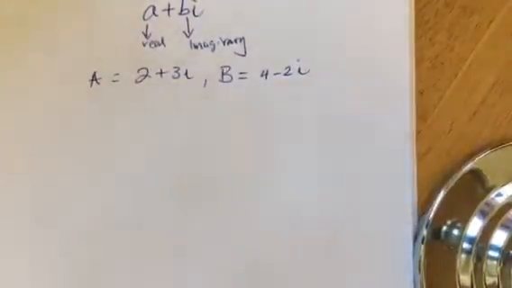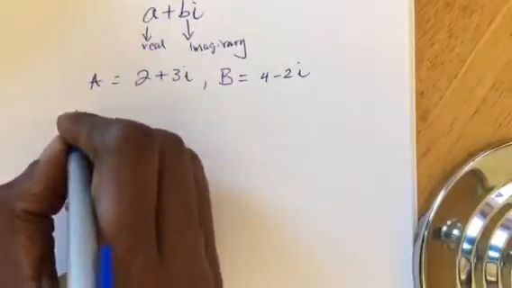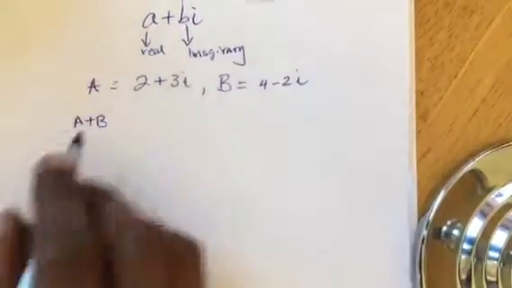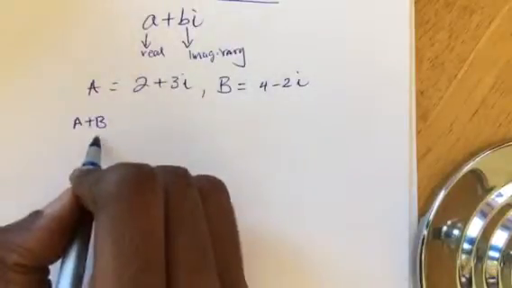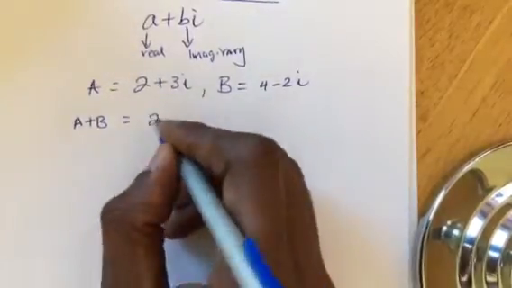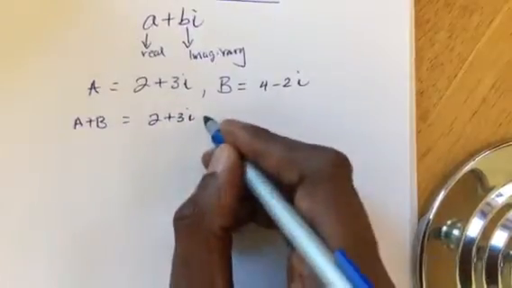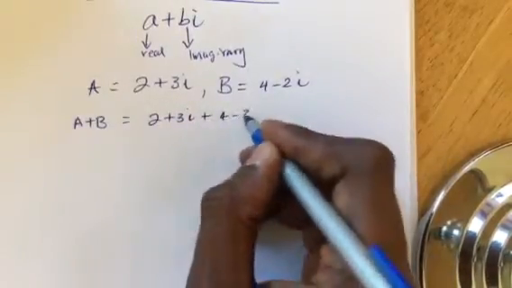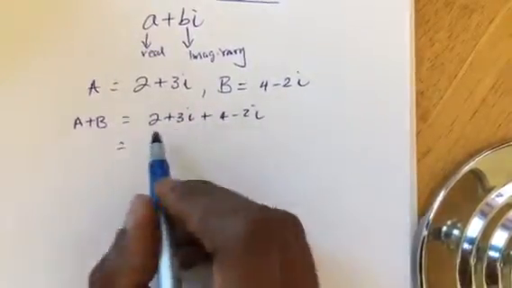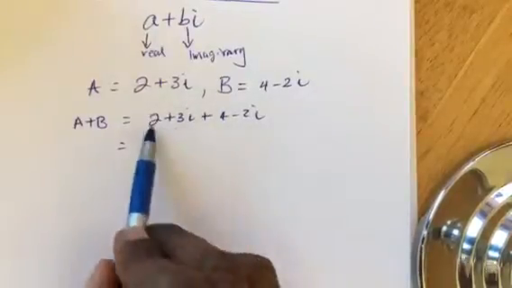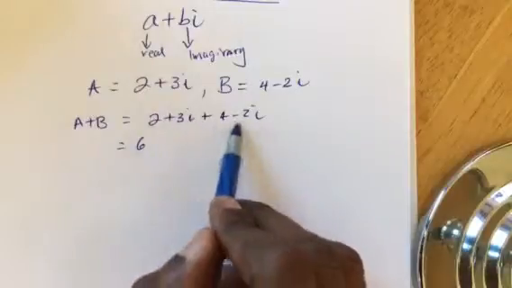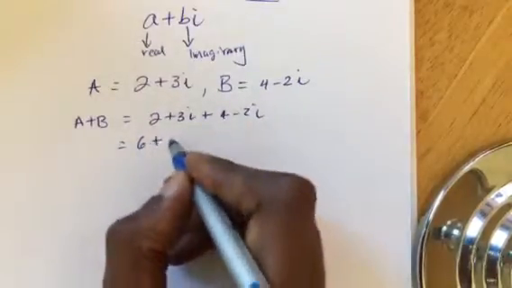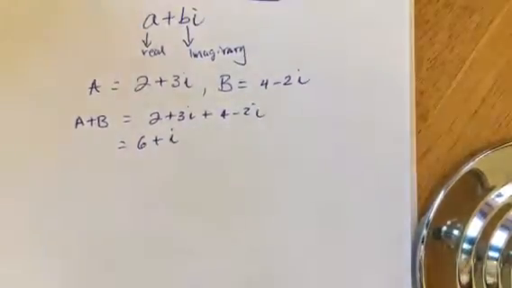If we want to do A plus B, then we would have 2 plus 3i plus 4 minus 2i. We will add the like terms, so the two real ones will give you 6, and then you have 3i minus 2i, which gives you just i.